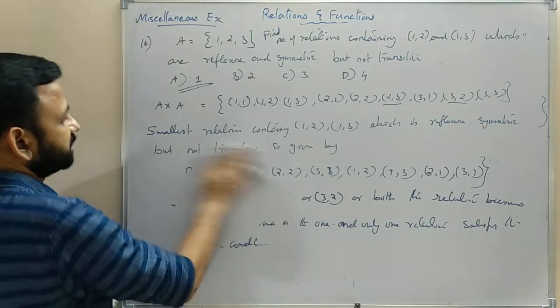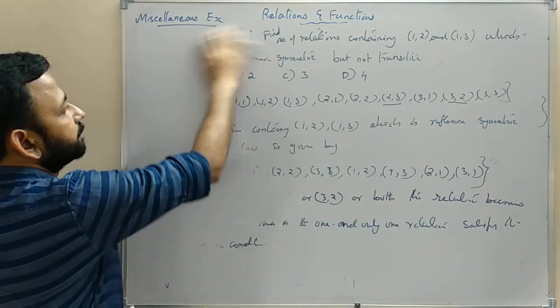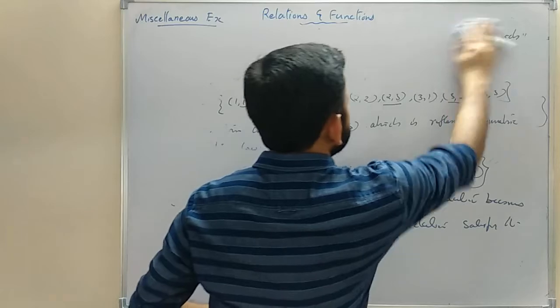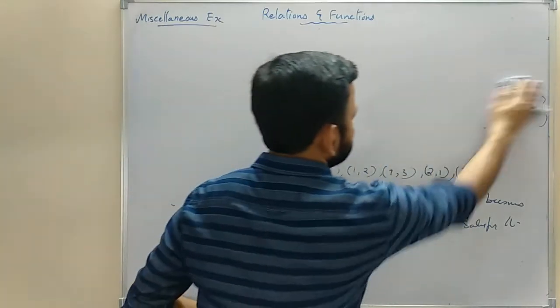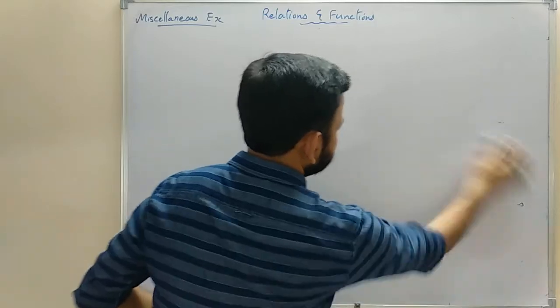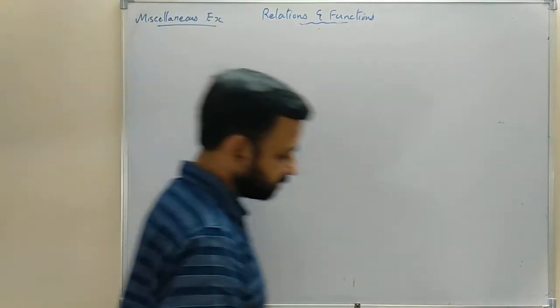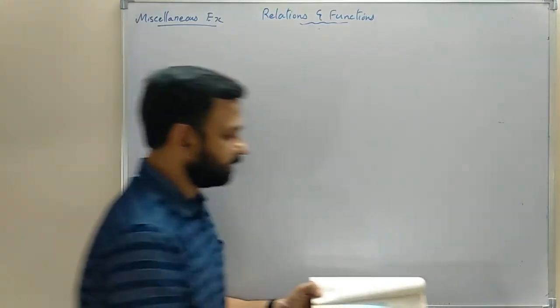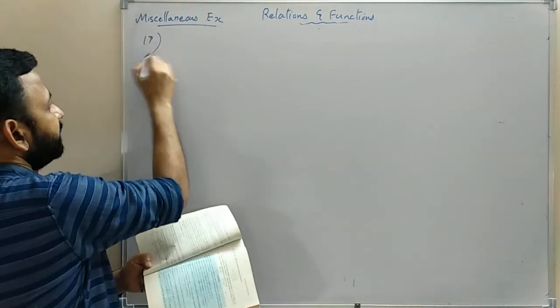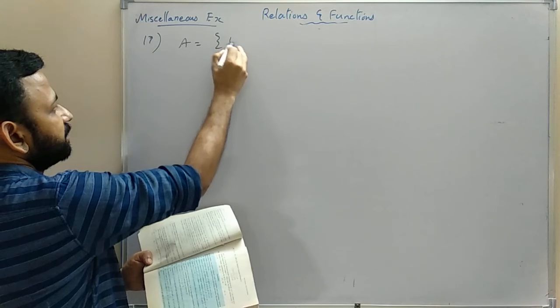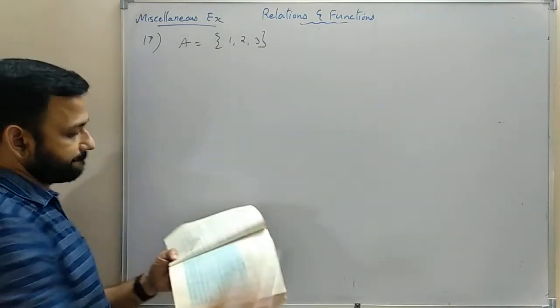Now we come to question number 17. Let A be the set {1, 2, 3}. Here also the same set {1, 2, 3}.